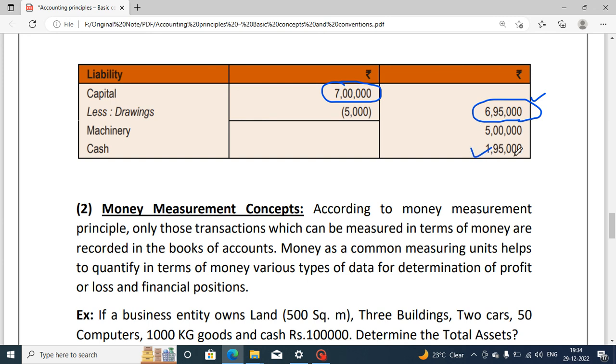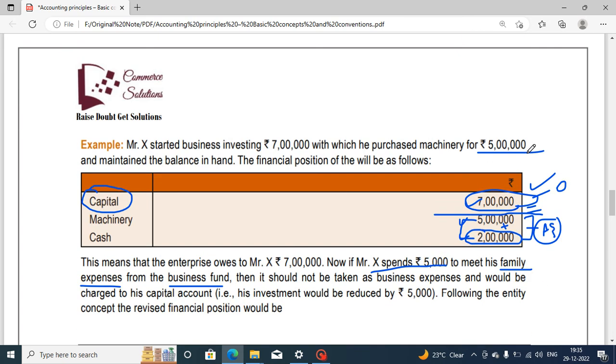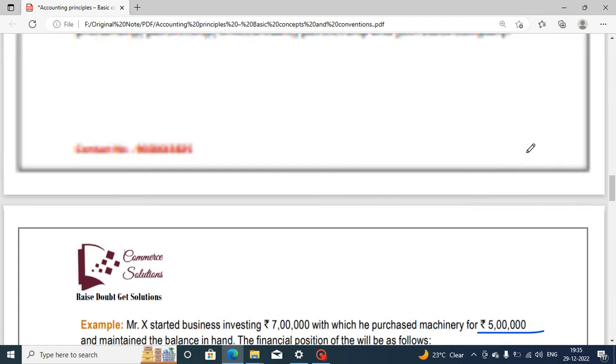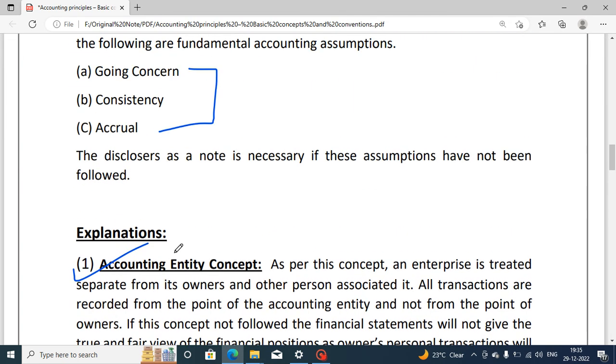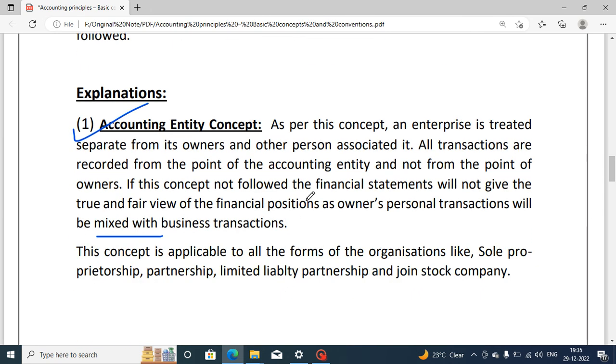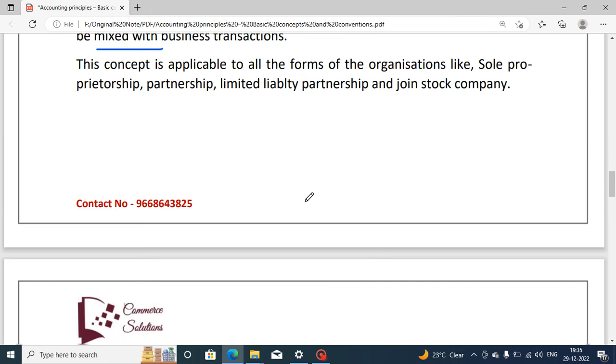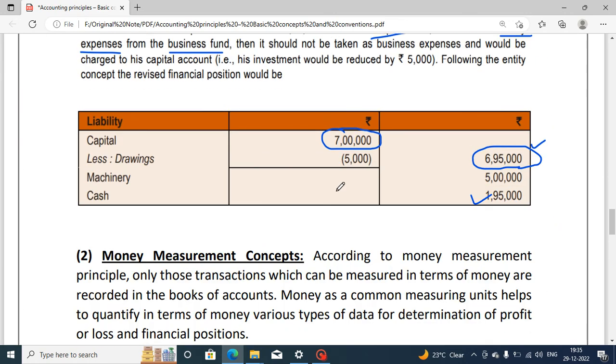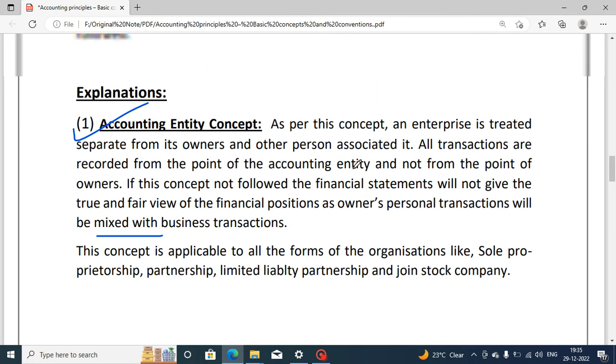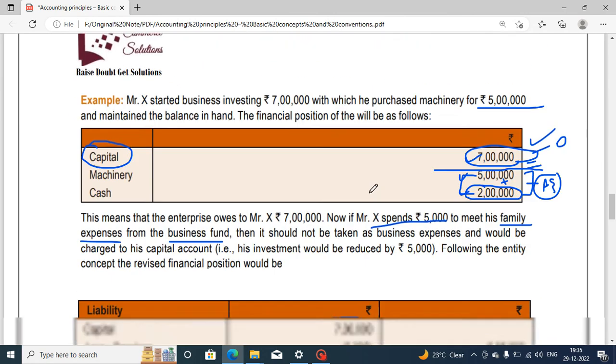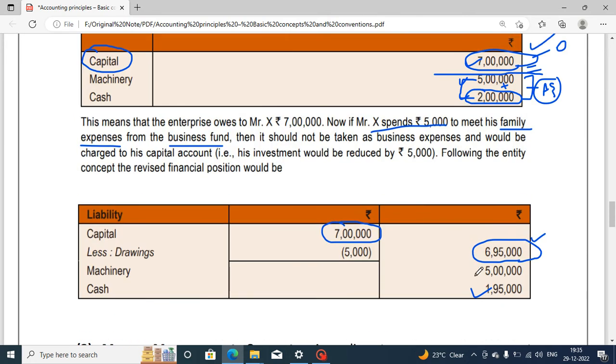This is how we maintain our books of accounts by applying the accounting entity concept, separating the owner's transactions from the business transactions. If we maintain accounts as per the entity concept, it will reflect the true and fair view of the financial position of the business. Otherwise, it will be mixed and will mislead the other users of accounts.